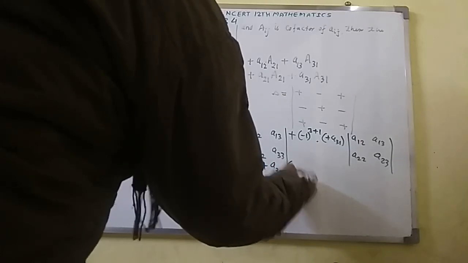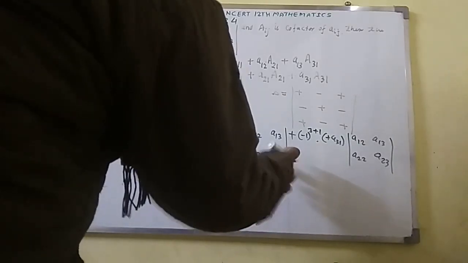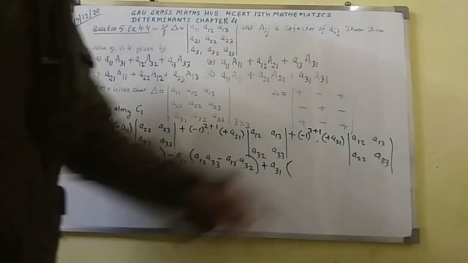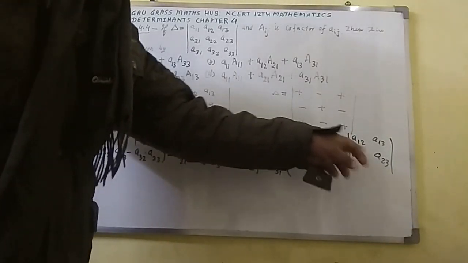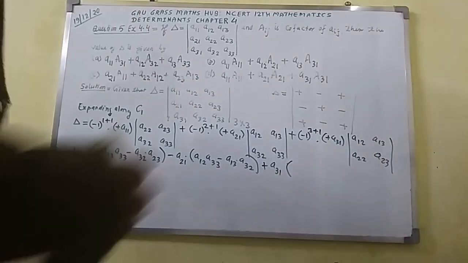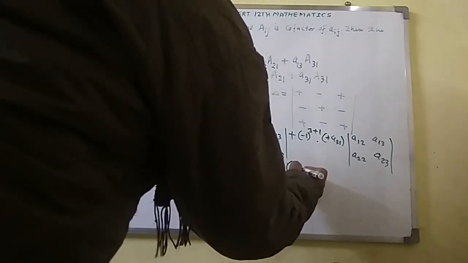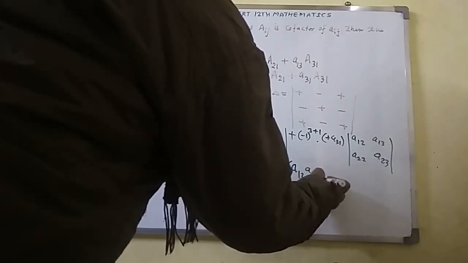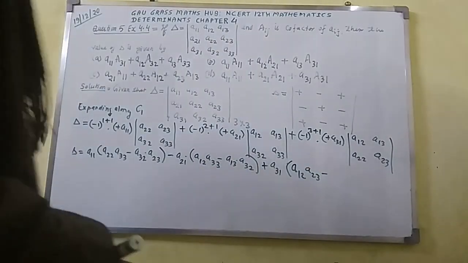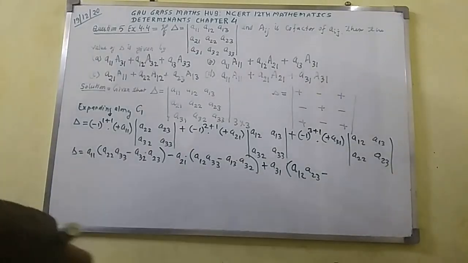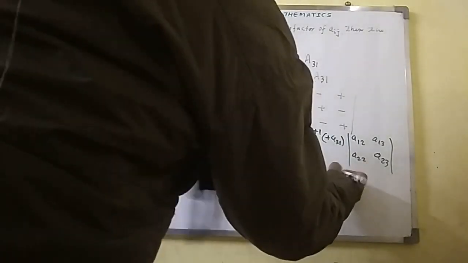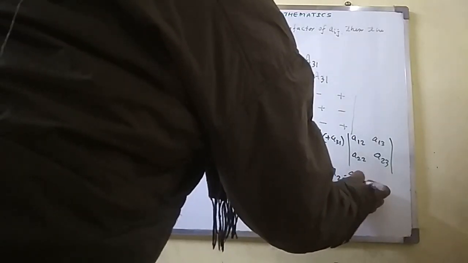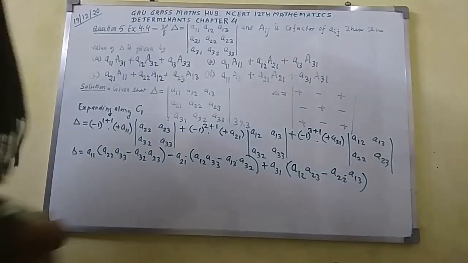In bracket I shall write the elements of the principal diagonal multiplied together: A12 multiplied by A23 comes out to be A12, A23 minus the elements of the reverse diagonal multiplied together. You will get A22 dot A13. You will get like this. Now do the operations.